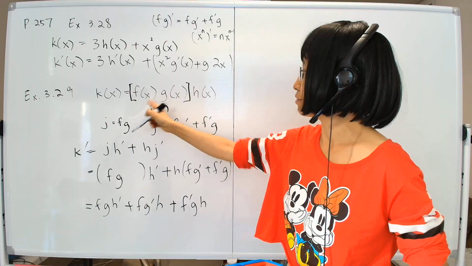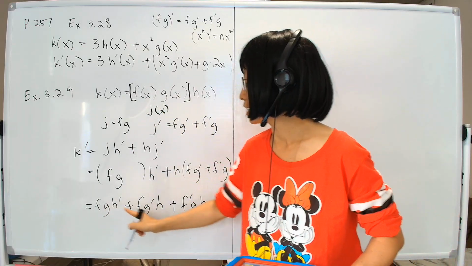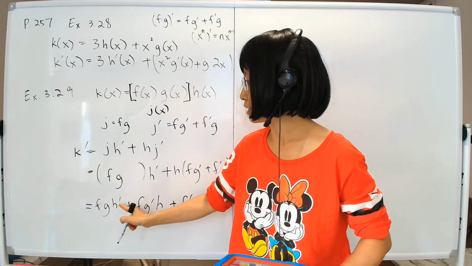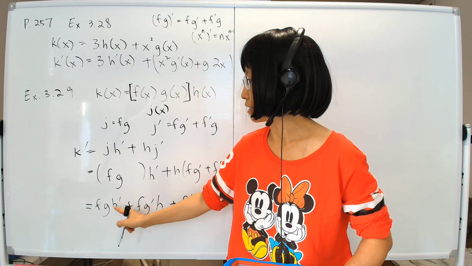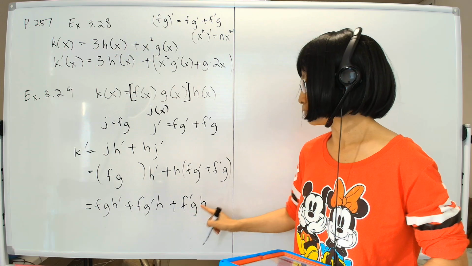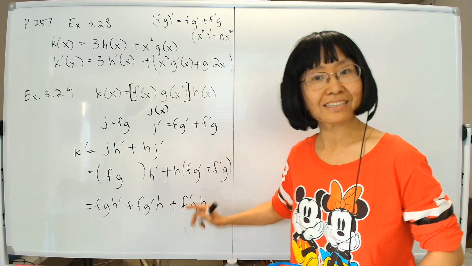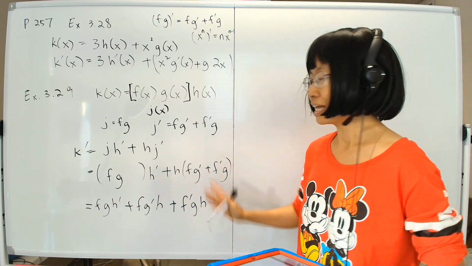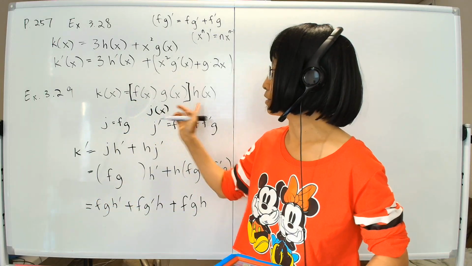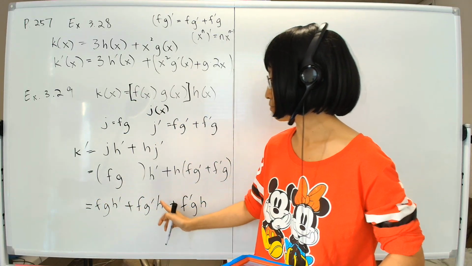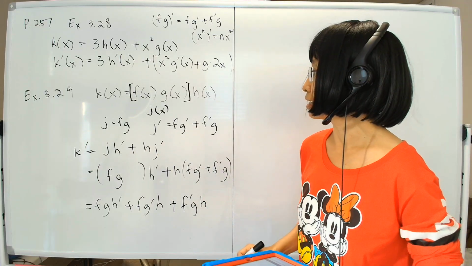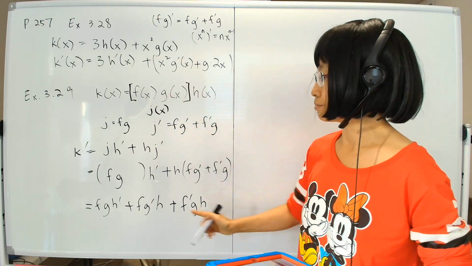We started out at f g h, so you have f g h multiplied together three times, except that each one gets a derivative once: f g h prime, f g prime h, and f prime g h. This is all symmetrical and evenly balanced. Each item gets to do the prime one time and not prime two times. And that is how the derivative of three items works out.